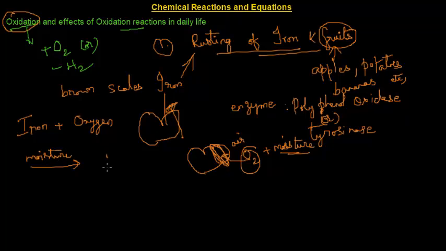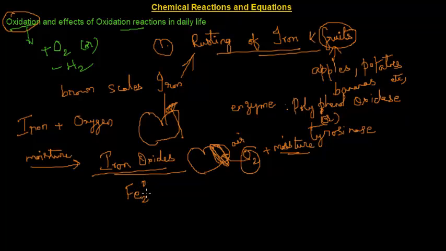to form iron oxides. These iron oxides which are present in rust are complicated materials as they will be hydrates of ferrous and ferric oxide. What is ferrous? What is ferric means?